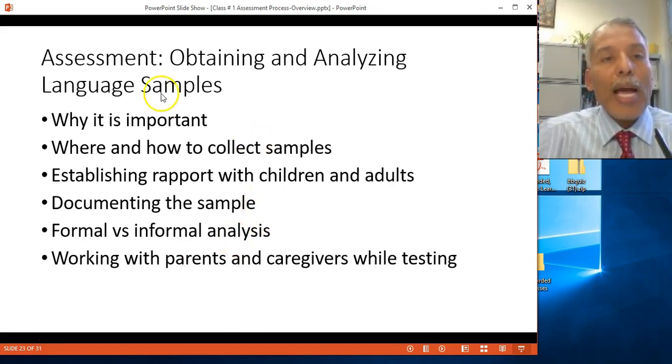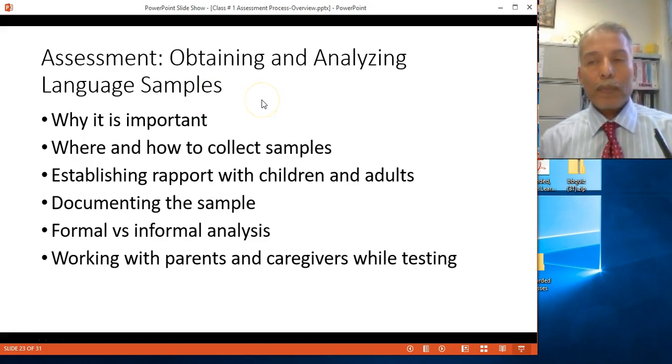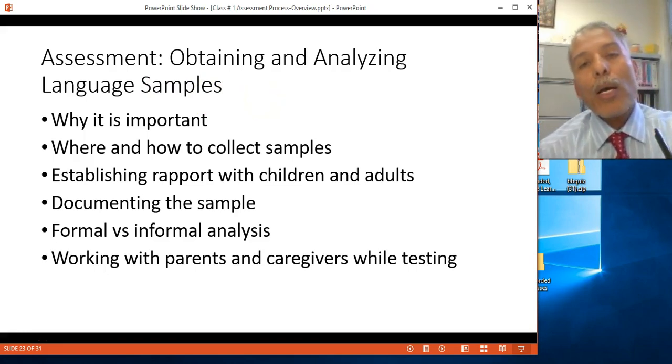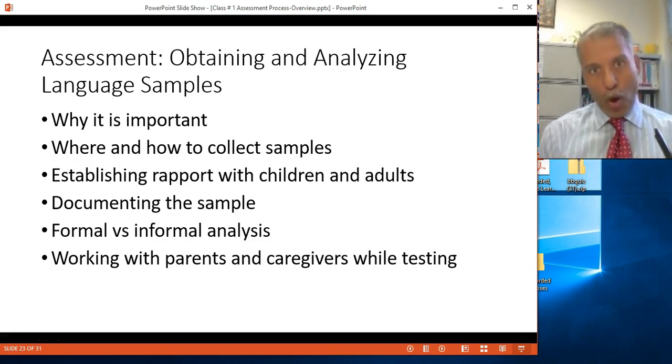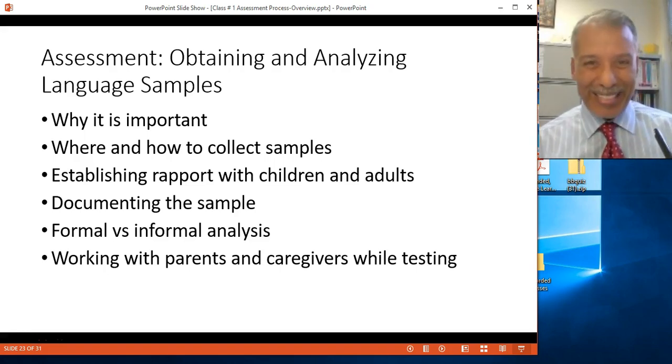So, language sampling. It is important to get a sample that is spontaneous without anyone's interference. It's like having a picture, not to stand there and pause and smile like saying cheese, when it's a false smile.